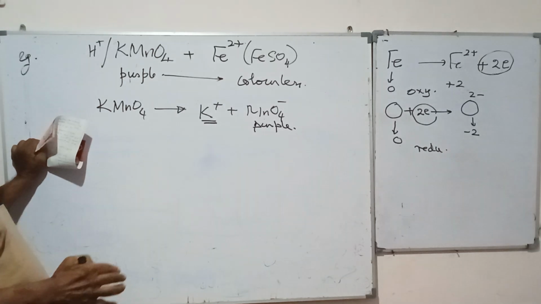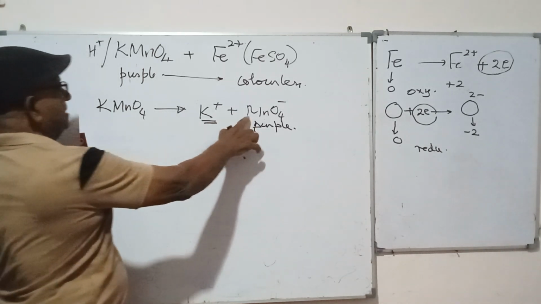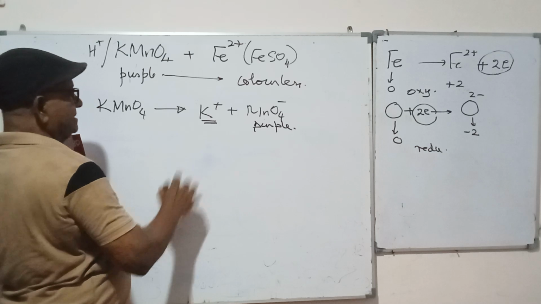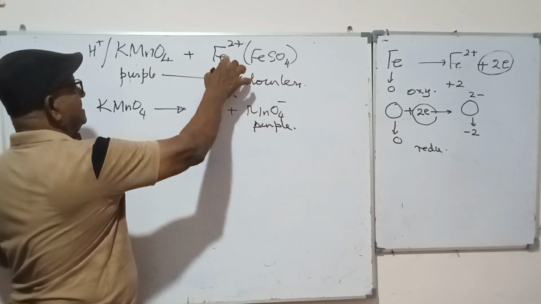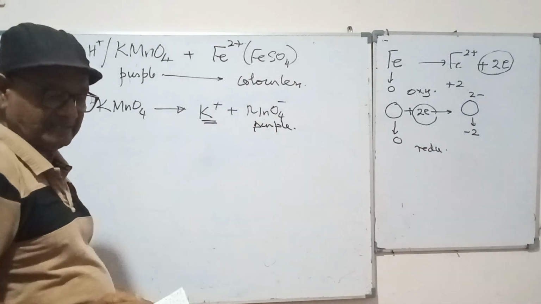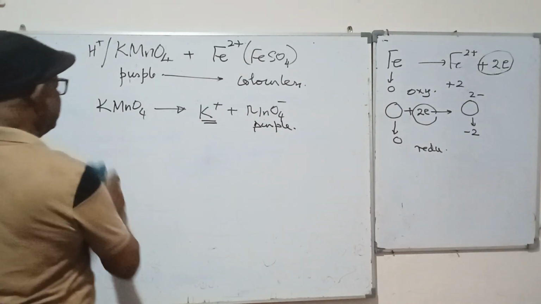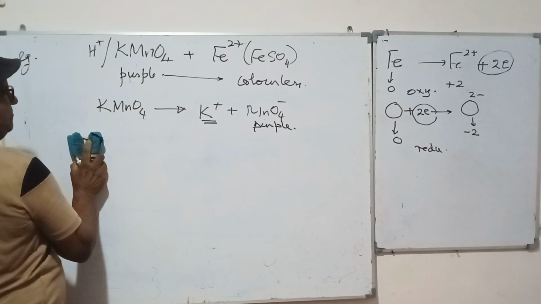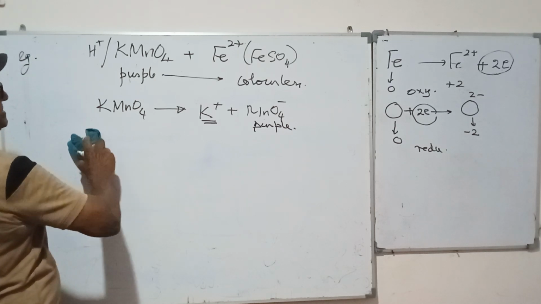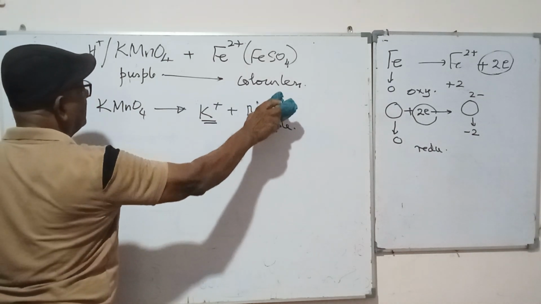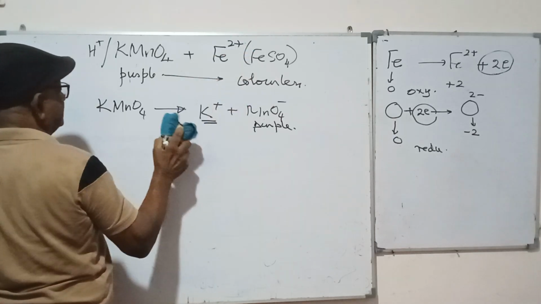So the active species is MnO4 minus. Then MnO4 minus reacts with Fe2 plus. Then we consider the balanced ionic equation. We can go through this equation taking MnO4 minus and Fe2 plus.